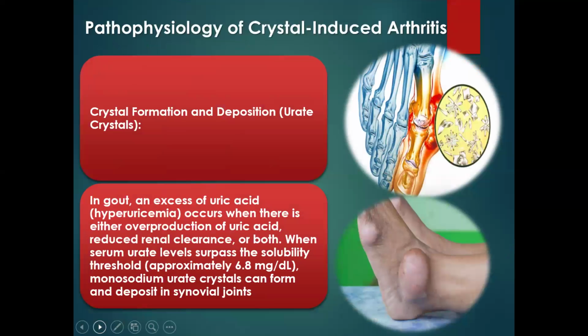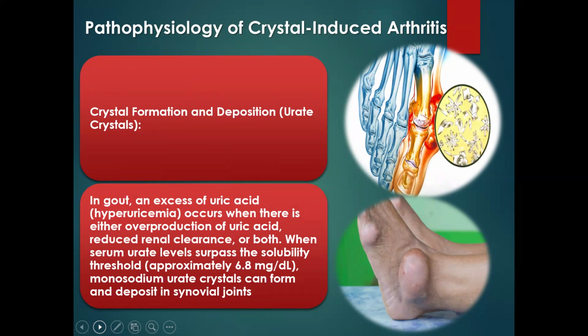Now let's look at the physiology of crystal-induced arthritis. How does this disease begin? At first, it starts with crystal formation and deposition, urate crystals. Like we said, this disease is either pseudogout or gout itself. In gout, there is an excess of uric acid, also known as hyperuricemia.